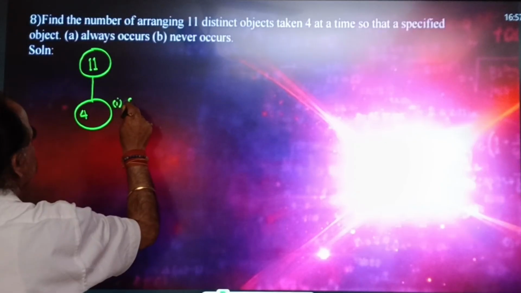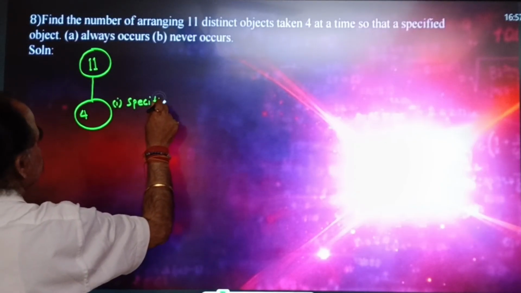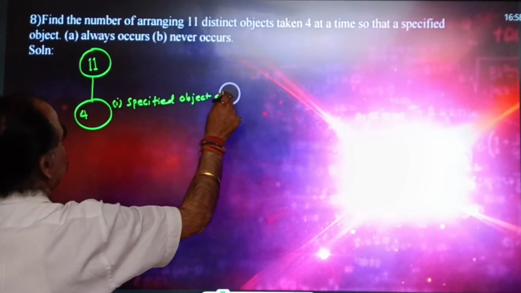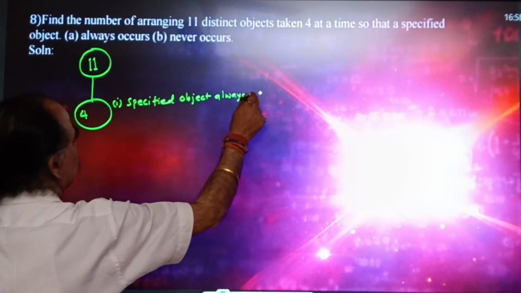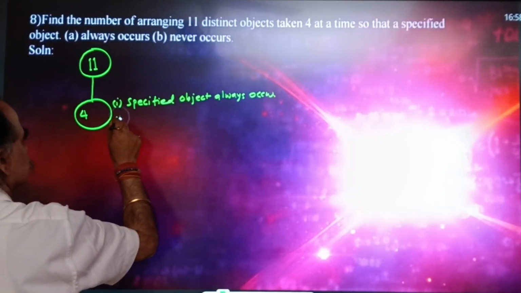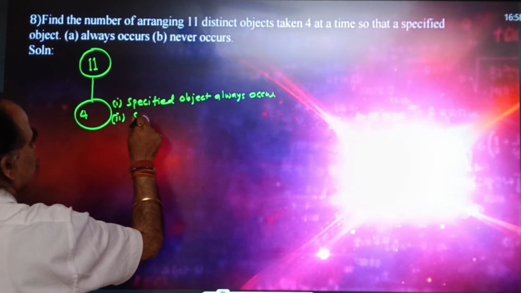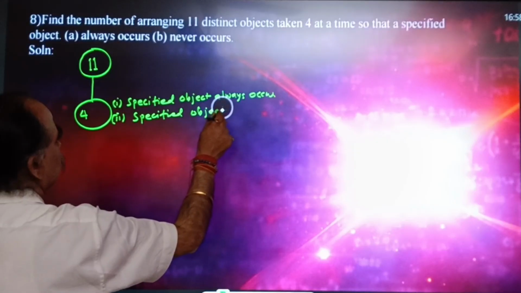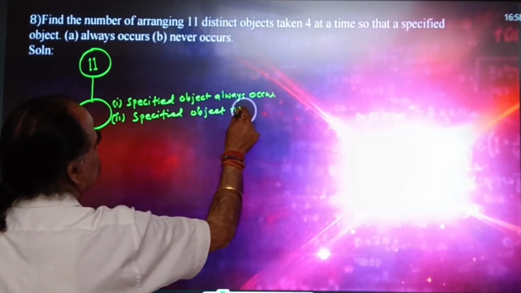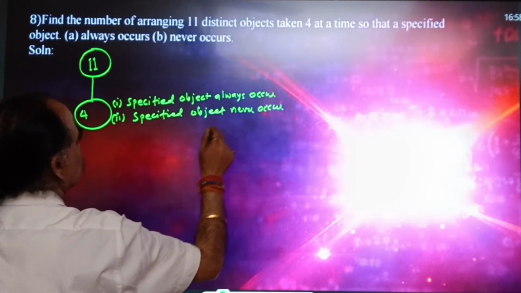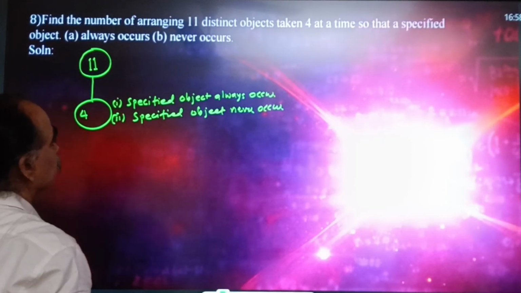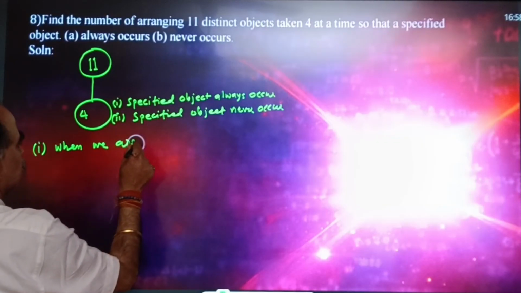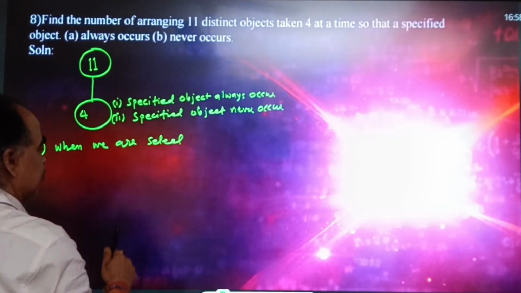First, a specified object always occurs. Then, specified object never occurs. First, now we need to select.